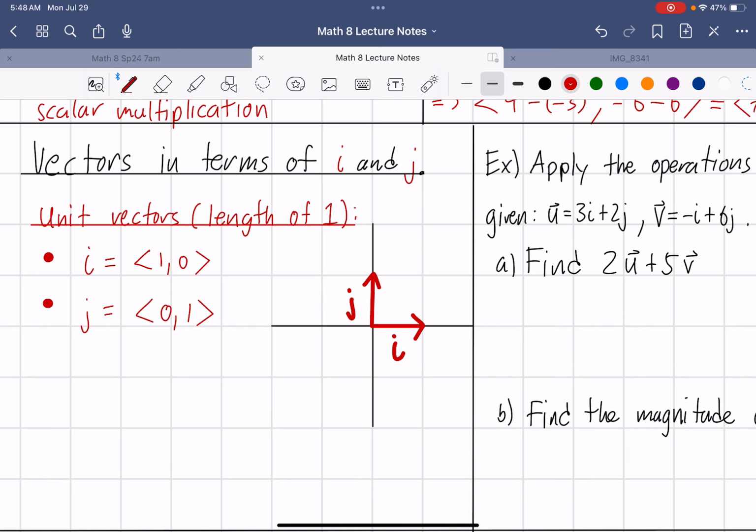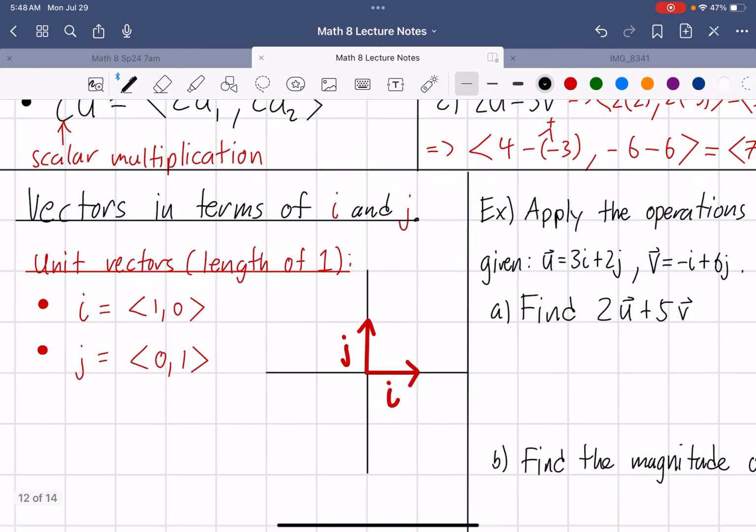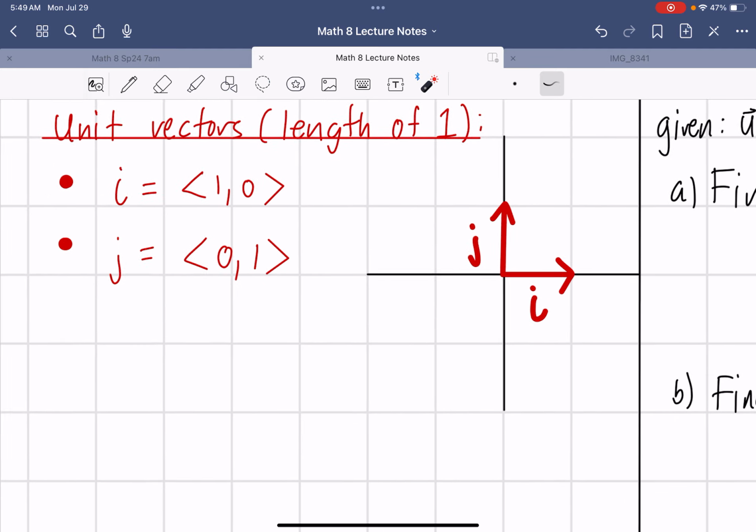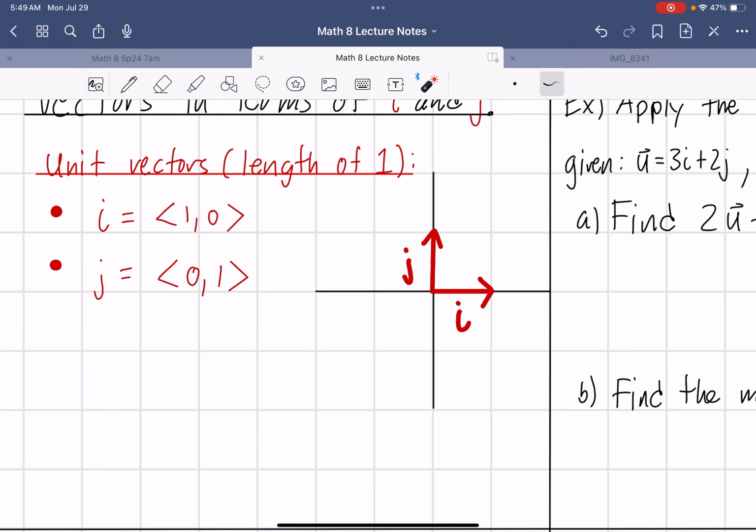Now, how are we going to use that knowledge to rewrite the notation? Because every notation we've had is with these angle brackets. But we're going to switch it to i and j because, let me write this here.